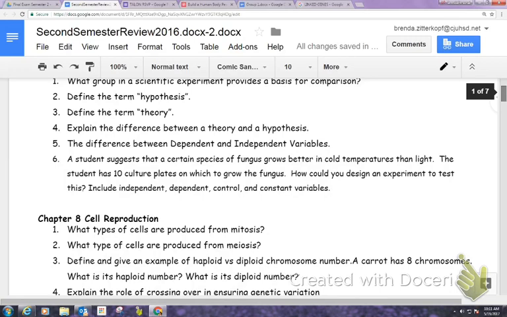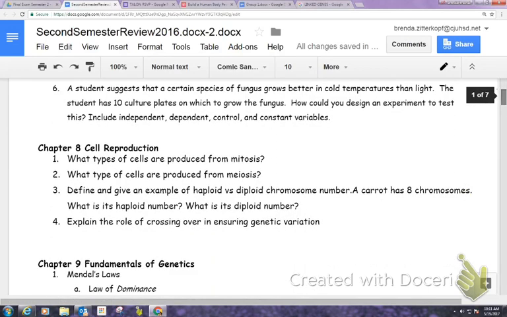Okay. I'd like to spend more time, however, right now on cell reproduction and knowing the difference between mitosis and meiosis. So another name for mitosis could be just cell division.